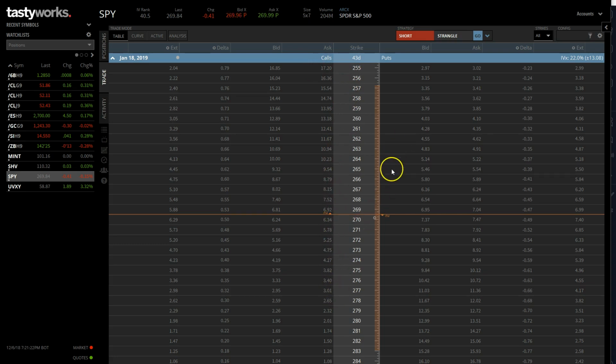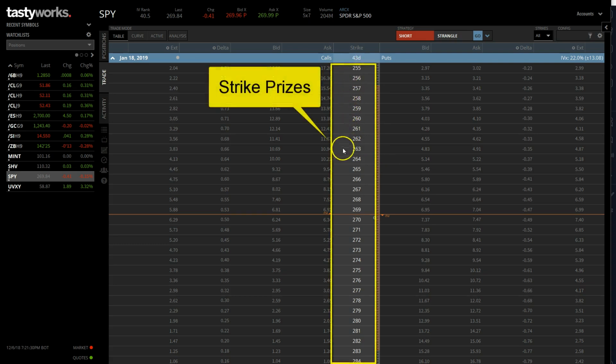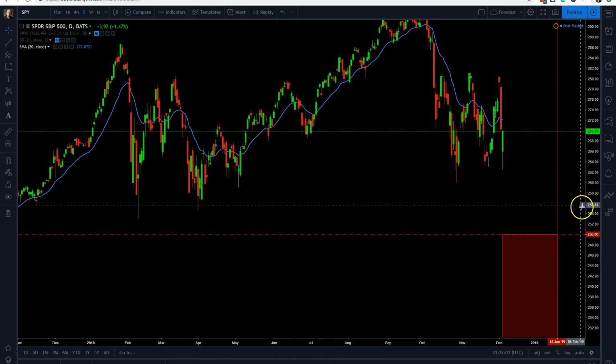So this might be a little intimidating, but I'm going to try and explain it as best as I can. So this center column, these are the strike prices, the one that I just showed. So these are the different prices, right?